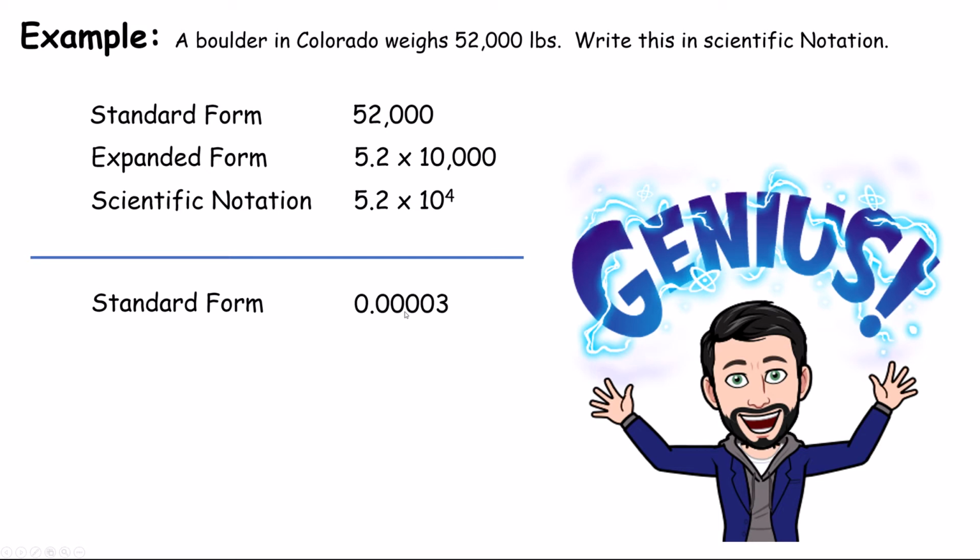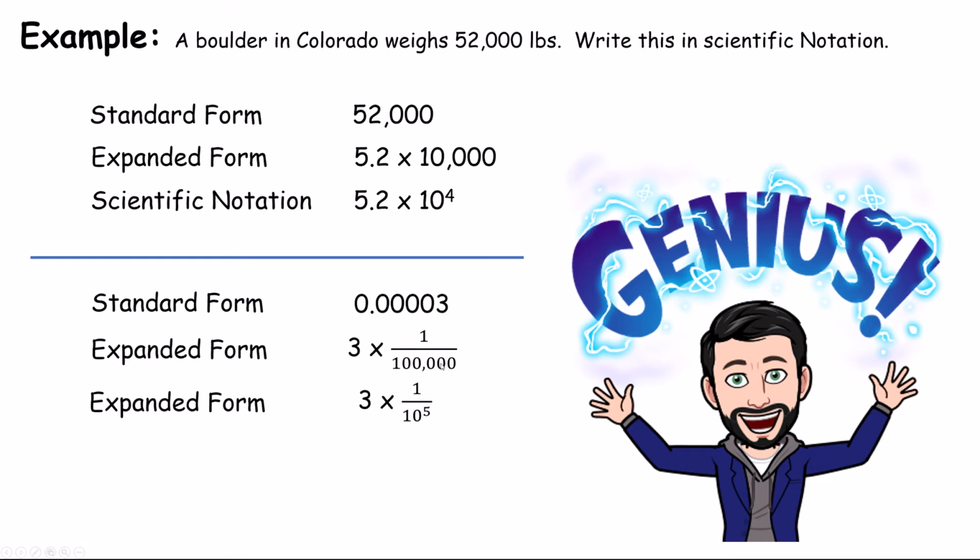Likewise, if I were to give you a really small number like 0.00003 or tenths, hundredths, thousandths, 10,000ths, 300,000ths, notice this is a very, very tiny number. I can take this 300,000ths and I could write it as 3 times 1/100,000th if I wanted to put it in fraction form.